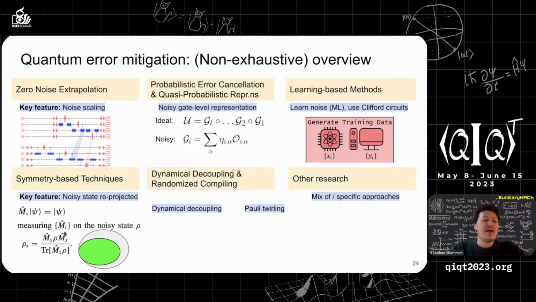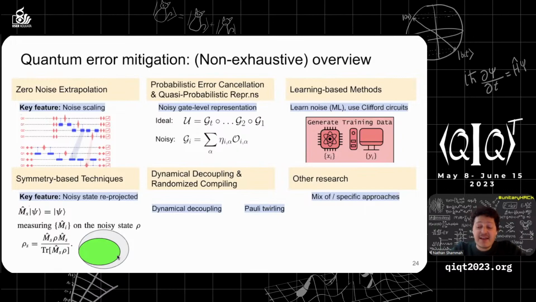So what happens if we measure all these, let's say, symmetry operators on a noisy state rho, not the ideal state? Well, what happens is that we can obtain a symmetrized density matrix, rho S, which is just the result of this projection onto a part of a space that we know should be devoid of errors in this wider system.